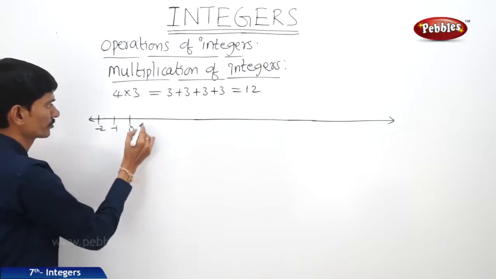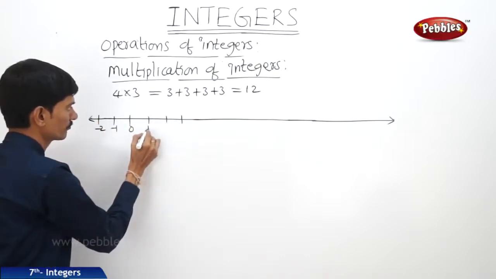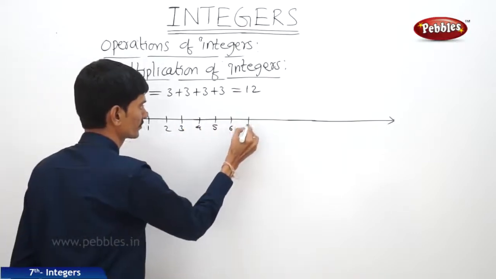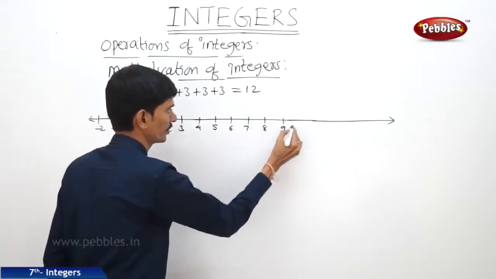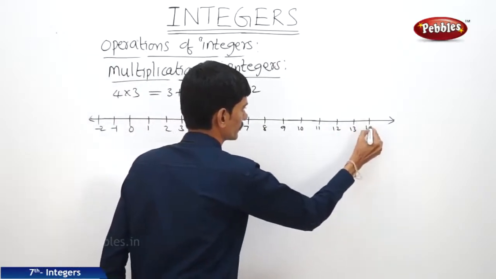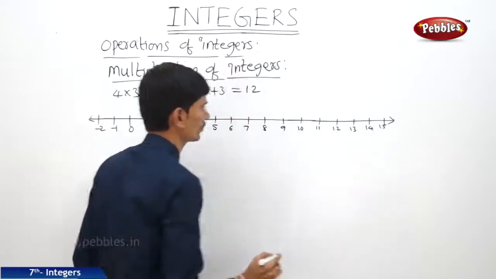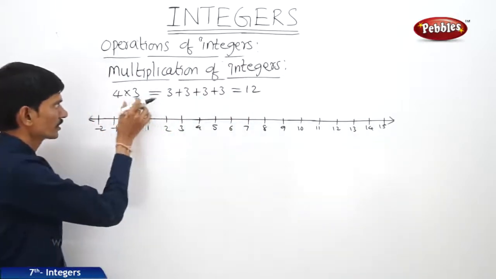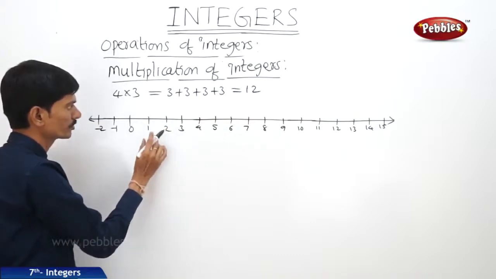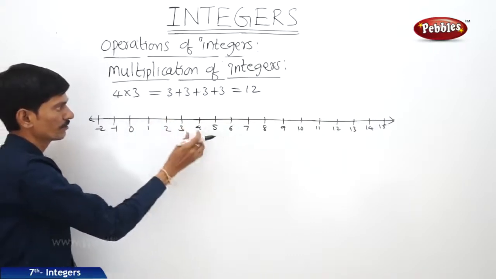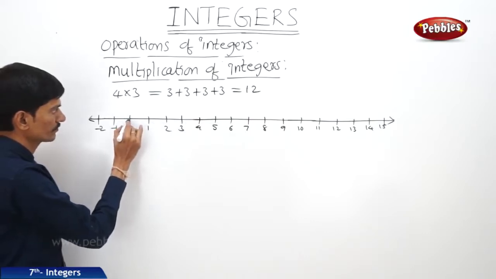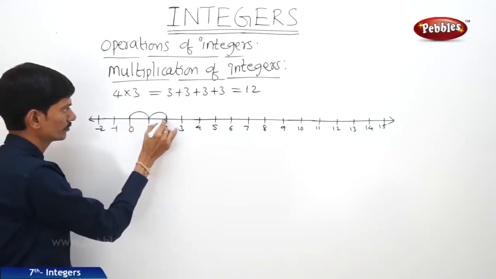Minus 1, minus 2 to the left of 0, then to the right we take positive integers 1, 2, 3, 4, 5, 6, 7, 8, 9, 10, 11, 12, 13, 14, 15 and so on. Then here 4 into 3 means 4 times 3, so we should take 4 jumps each of 3 steps from 0 towards the right. First, 1, 2, 3.